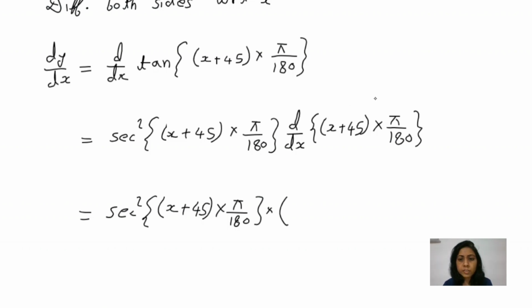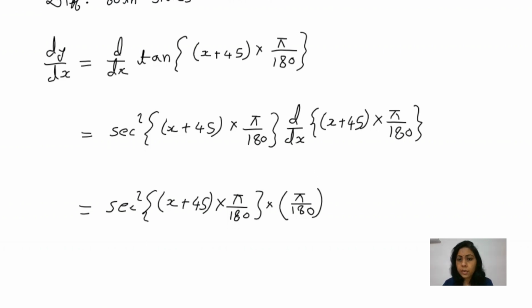So x multiplied by pi by 180, we get 1, so just pi by 180, and this multiplied with this, so this is a constant, and when we differentiate we get 0.